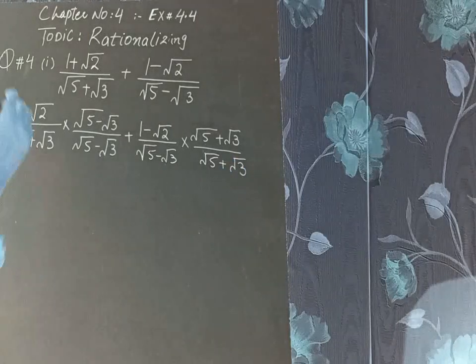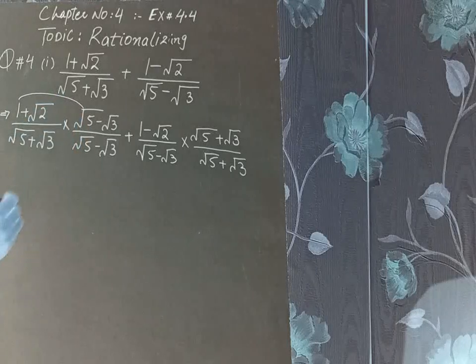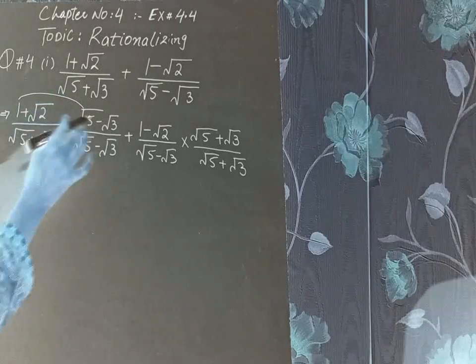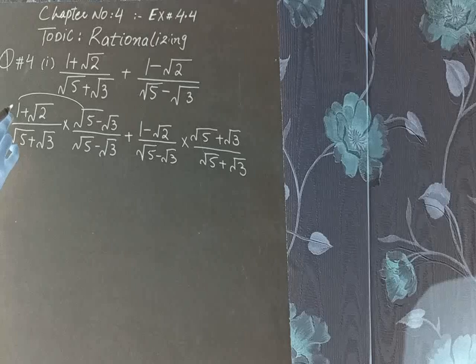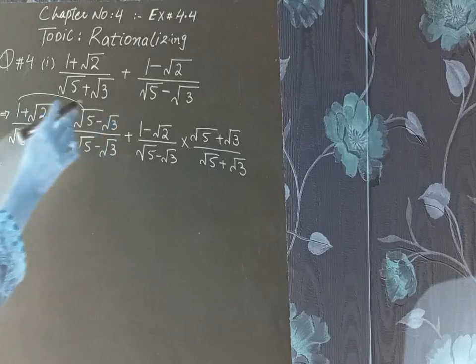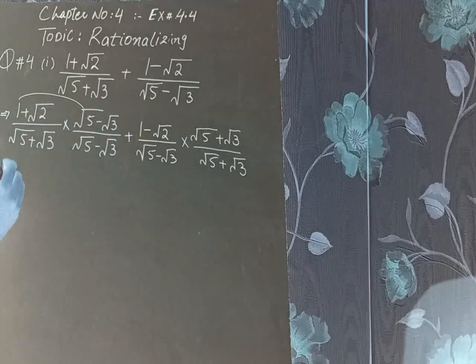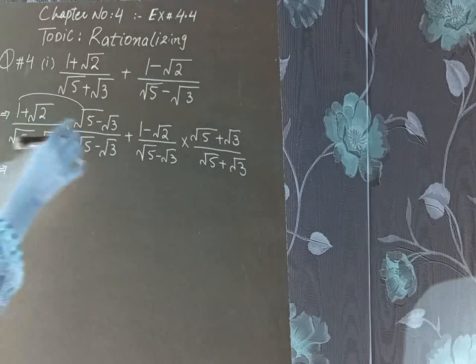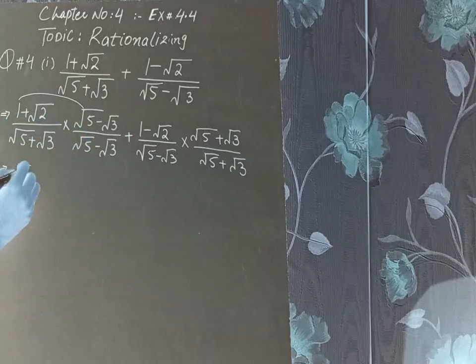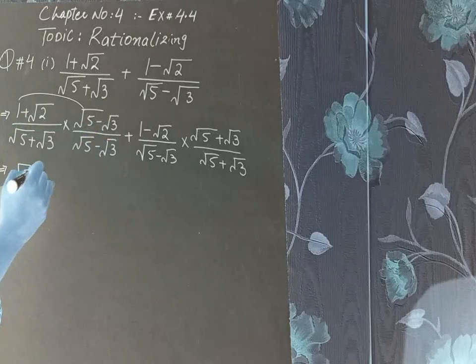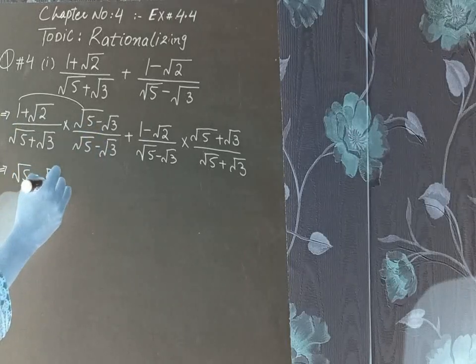Now we will simplify. We will multiply this by this. 1 is multiplied by all this, because the first term we multiply by all this, then the second term will be multiplied by all this. 1 multiplied by under root 5 gives under root 5. 1 multiplied by minus under root 3 gives minus under root 3.